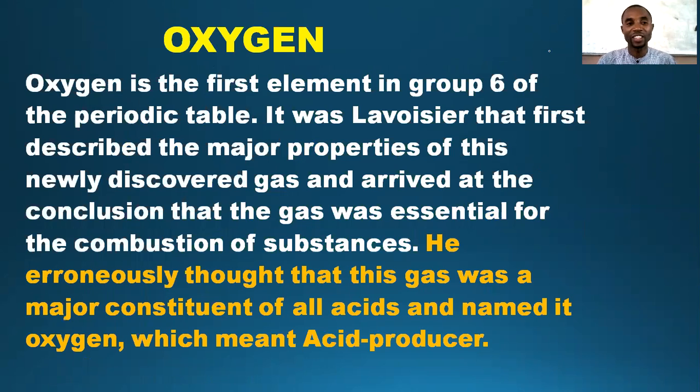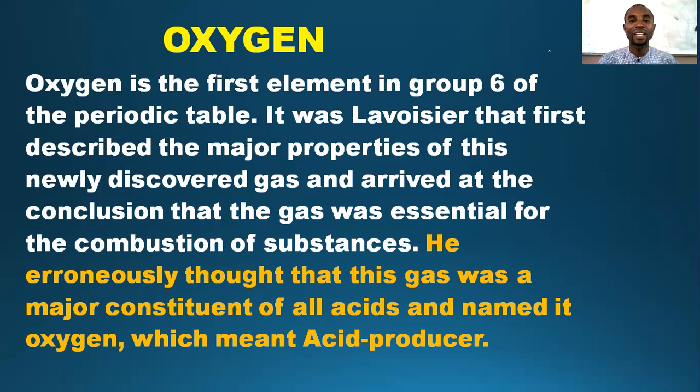Oxygen is the first element in group 6 of the periodic table. It was Lavoisier who first described the major properties of this newly discovered gas, and arrived at the conclusion that the gas was essential for combustion of substances.